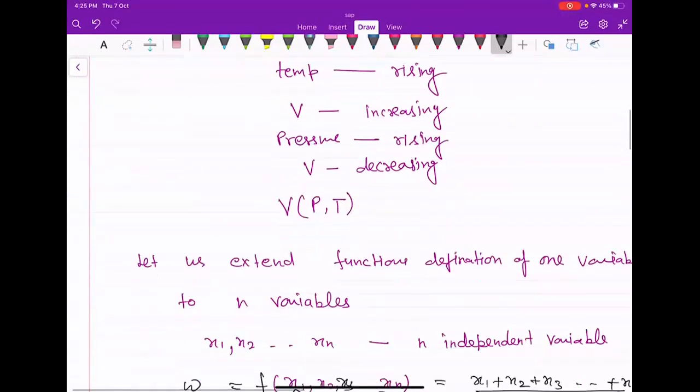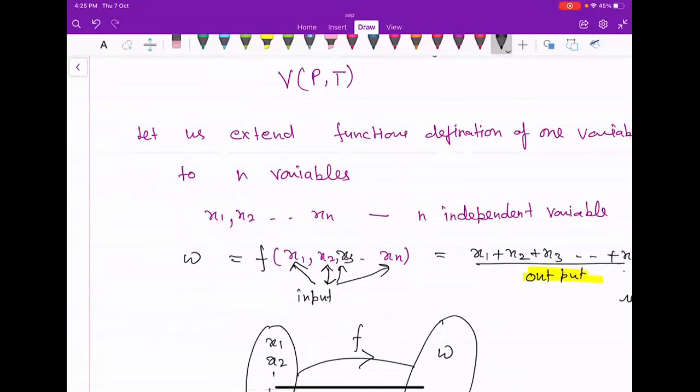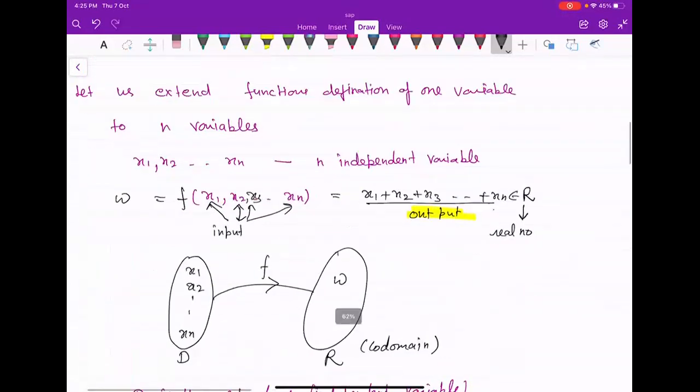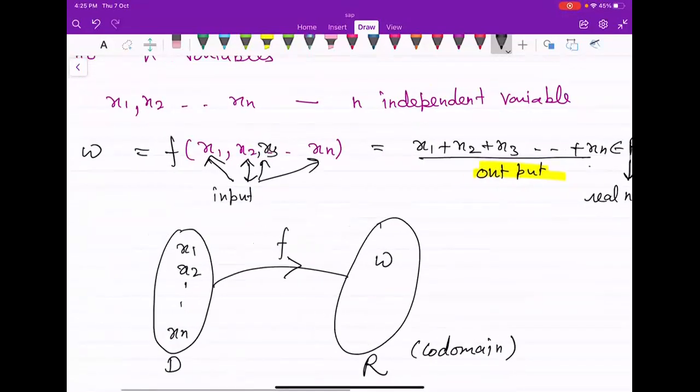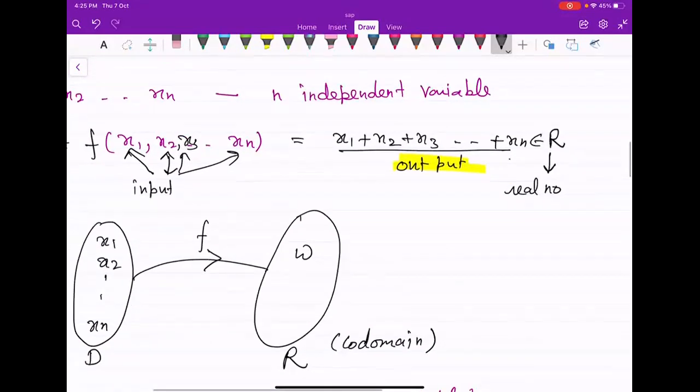Now after that we discussed the domain and range of a function. Suppose the domain contains n components, x1, x2, x3 up to xn, and the range of this function is W. That means W equals f of x1, x2, x3 up to xn.